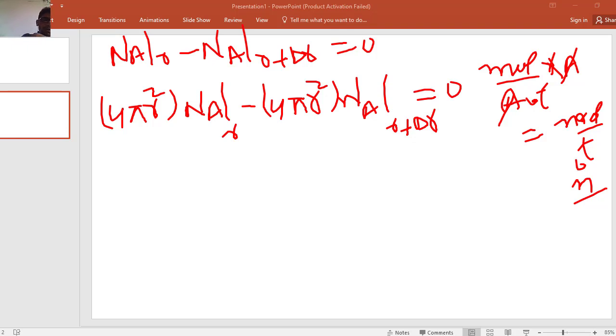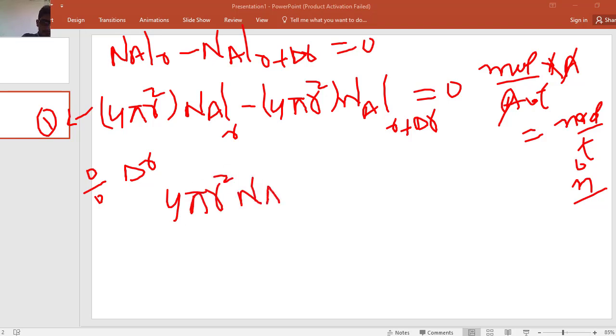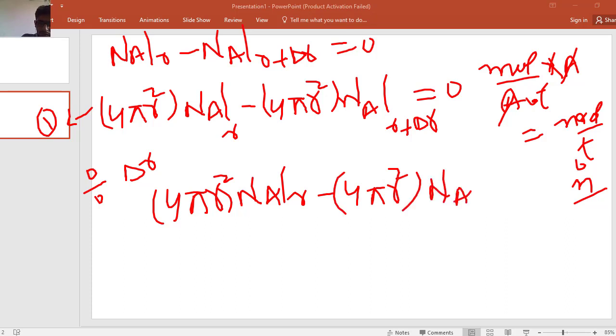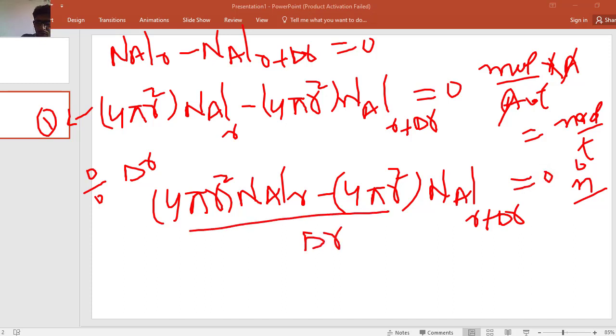So suppose this is equation number 1. Divide equation 1 by delta R, we will get 4 pi r square NA at R minus 4 pi r square NA at R plus delta R equal to 0, divided by delta R.